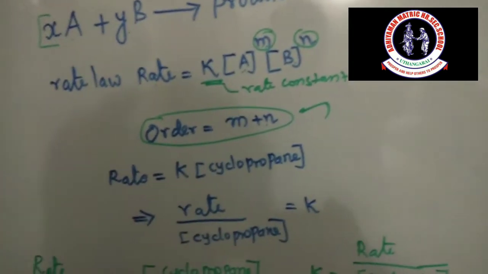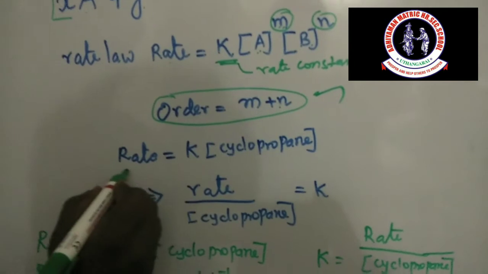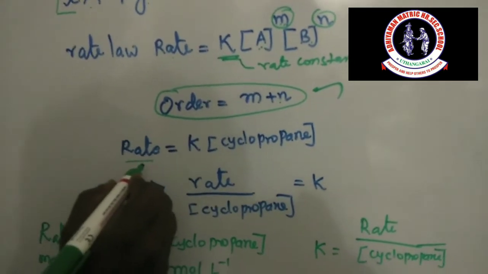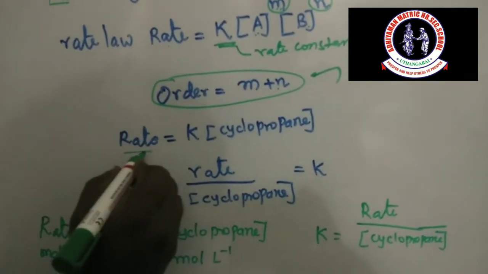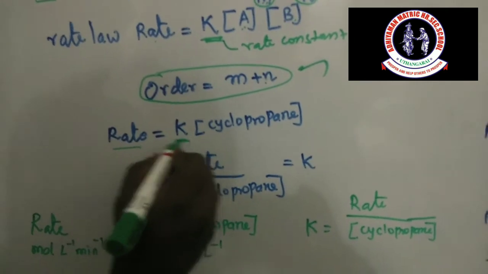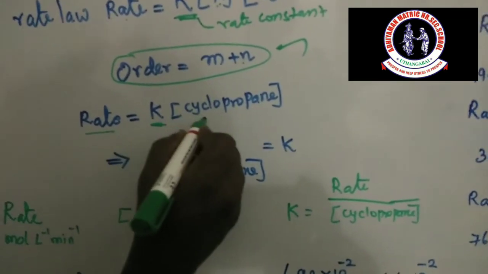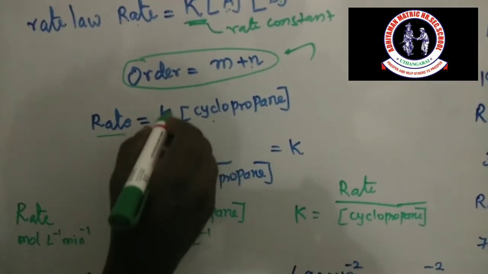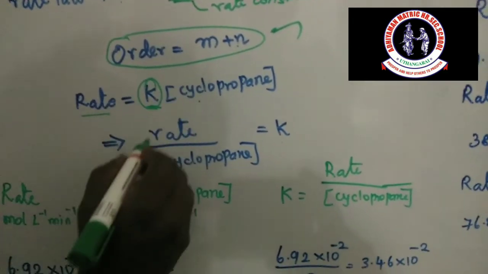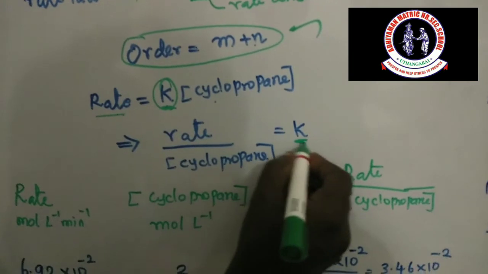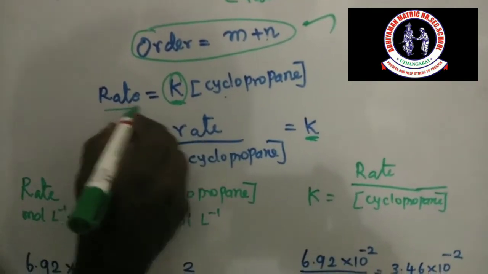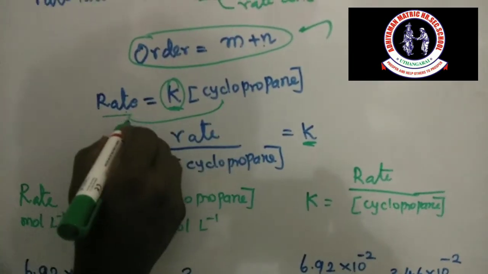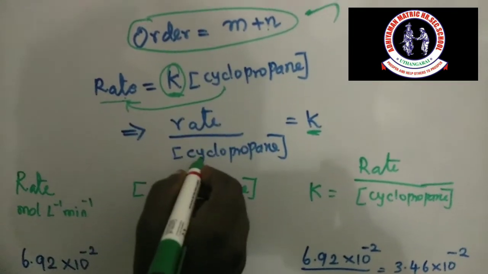Okay students. Now we already discussed in the previous example, rate is equal to the rate constant and the concentration of cyclopropane. Okay. Now how will you calculate the rate constant? Constant K is equal to the rate divided by the concentration of cyclopropane.